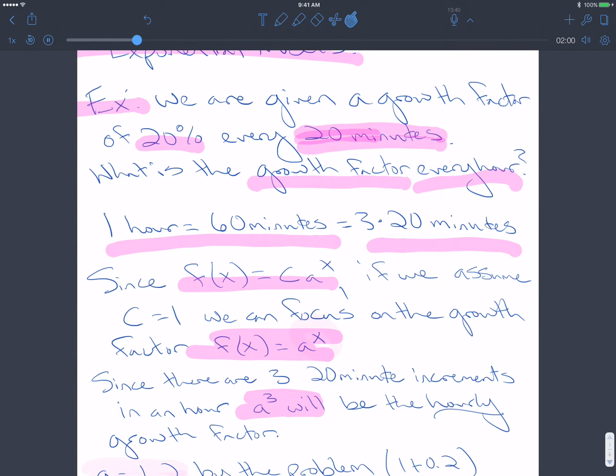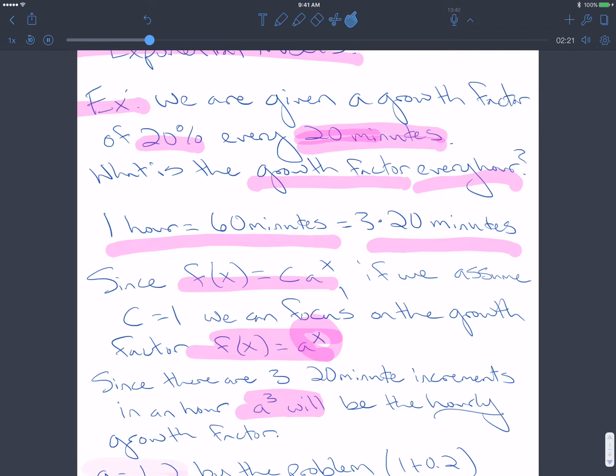Why, you might wonder? If I have an a to the x and I have 3 time periods, then I'm going to end up with a 3 in the exponent, right? Where my x is up here, I'm going to end up with 3 of them to correspond with an hour instead of just 20 minutes.